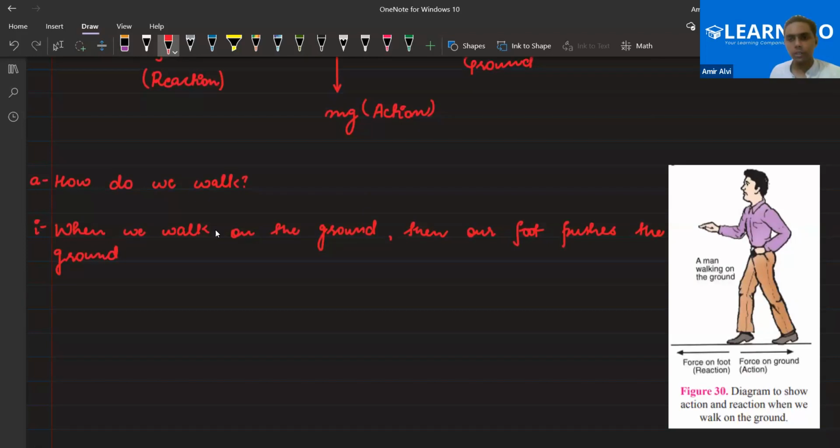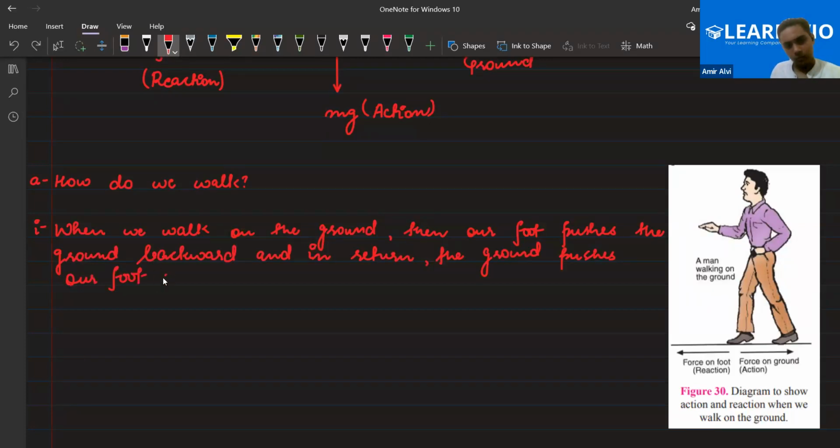So what pushes the ground backward? And in return, the ground pushes our foot forward. Pushes our foot forward.